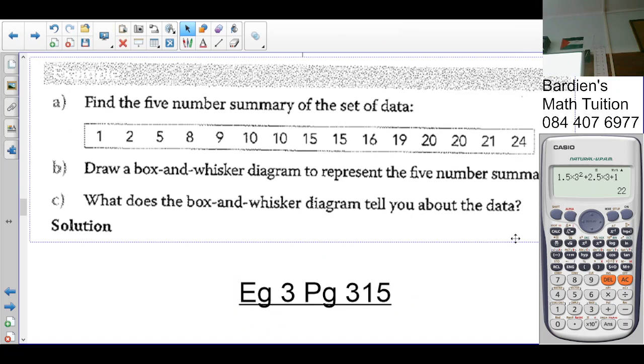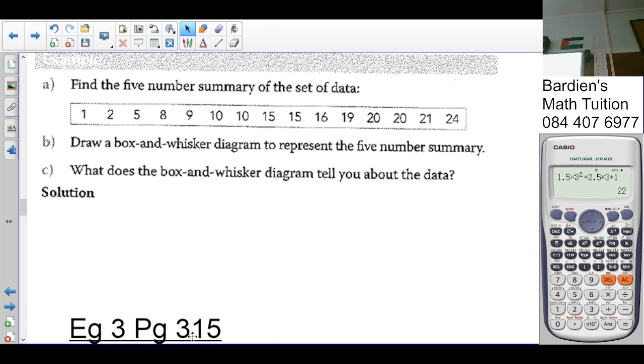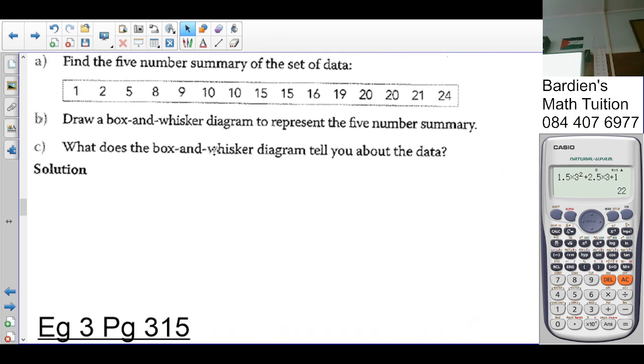Here we are told to find the 5-number summary of the set of dots. You all know how to do that? Yes, so do the 5-number summary quickly.